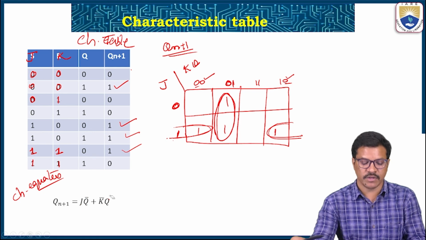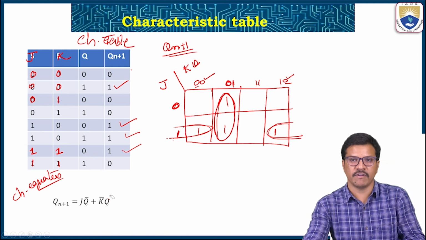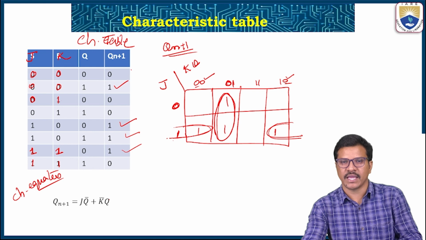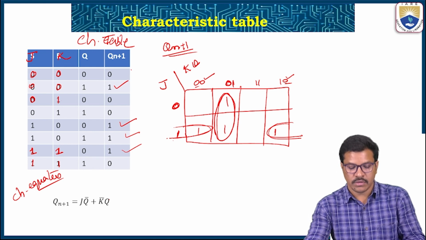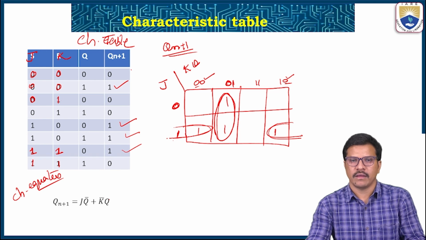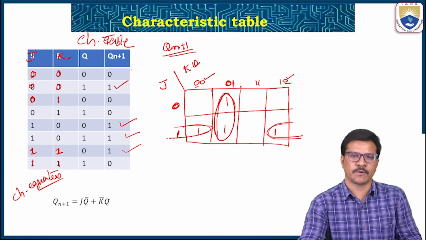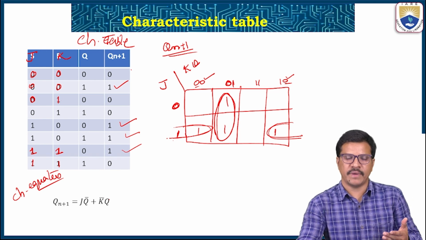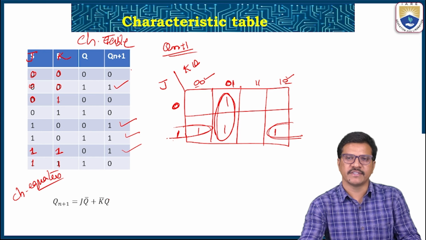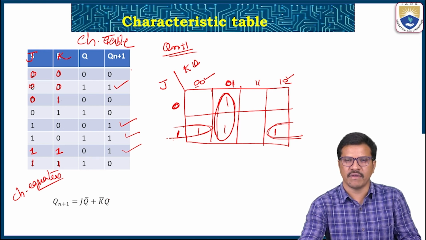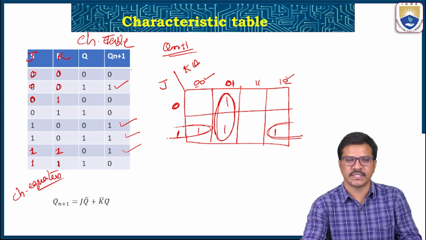The characteristic equation for the JK flip flop is J Q bar plus K bar Q. By studying the basic latch as a memory element, we can modify that circuit into flip flops. There are different kinds of flip flops: SR flip flop, JK flip flop, T flip flop, D flip flop. The main flip flops will be discussed in the next class.